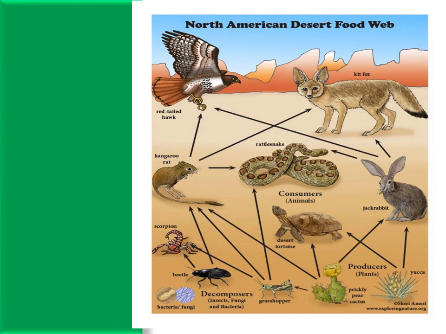The prickly pear cactus gives energy to the kangaroo rat. It means that the kangaroo rat eats the prickly pear cactus. Then the energy moves from the kangaroo rat to the kit fox, or it moves to the red-tailed hawk, or it moves to the rattlesnake.